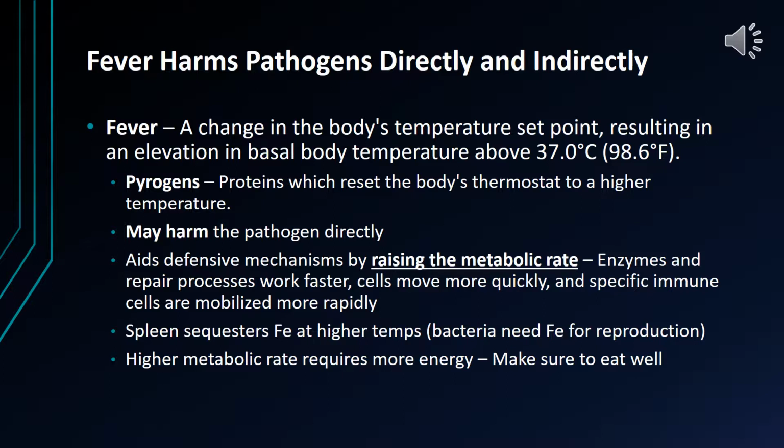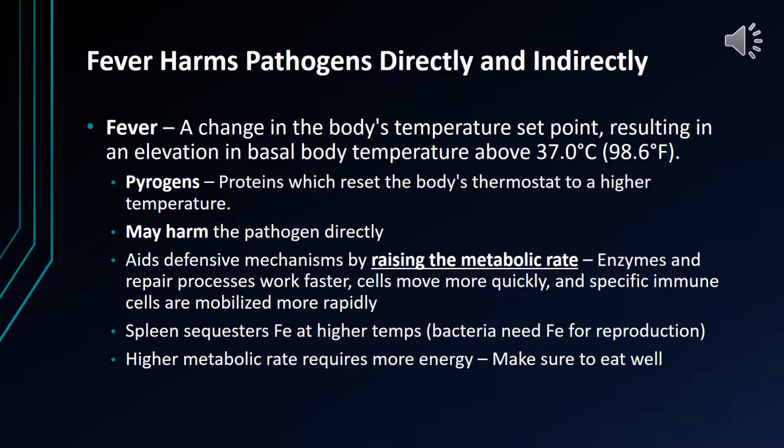Fever harms pathogens directly and indirectly. So a fever is a change in the body's average set temperature, which results in an elevation in basal body temperature above 37 degrees Celsius or 98.6 degrees Fahrenheit. And your body's thermostat is reset by these chemicals called pyrogens, not to be confused with the pyrogens in pyrotechnics.